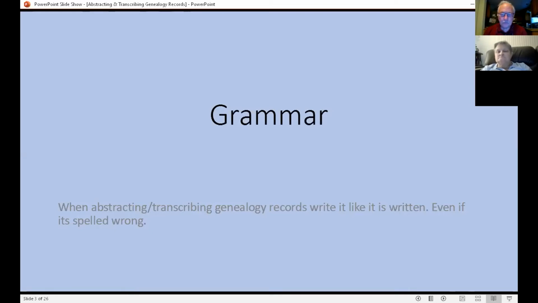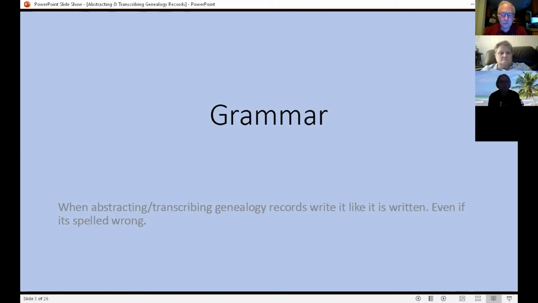Even though when we look at it, we know that it's incorrectly written under today's standards, we write it as we see it. And in some of the abstracts, or even some of the transcriptions, if it's very unrecognizable, we write the letters SIC.